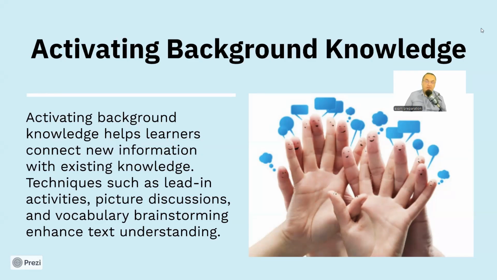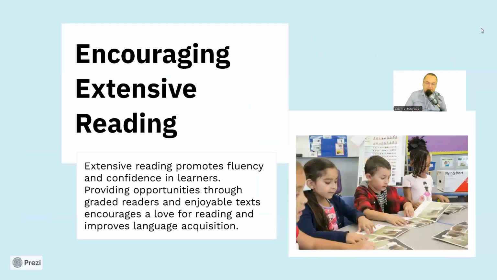Before the reading, you may bring things to your class, pictures, videos, things related to speaking. Students can express their opinions about global warming. So everything that you do in that stage of your lesson activates students' background knowledge. So when they start reading, they have clearer and fresher ideas.